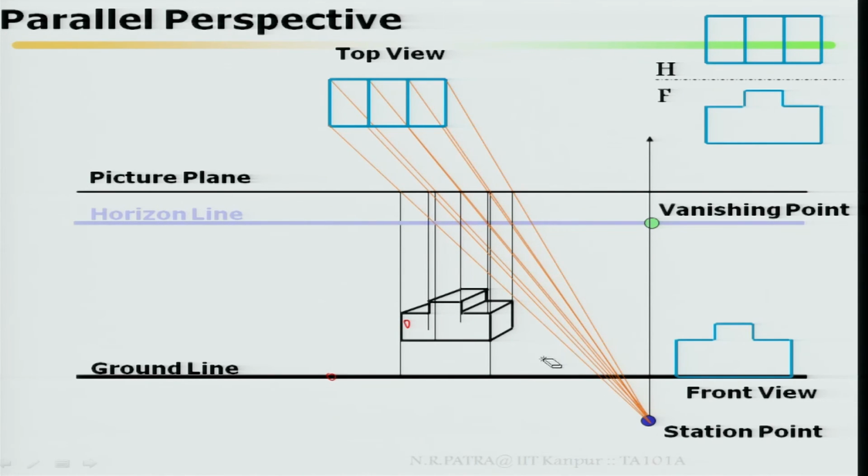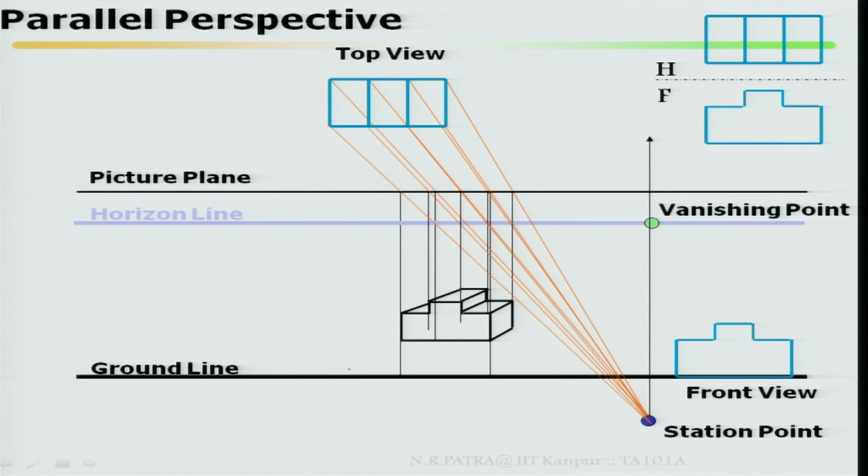Now, look at how the perspective drawing looks. Earlier I found the rays, how it goes, because it is not touching the picture plane, it shifted. Now, how does it look?